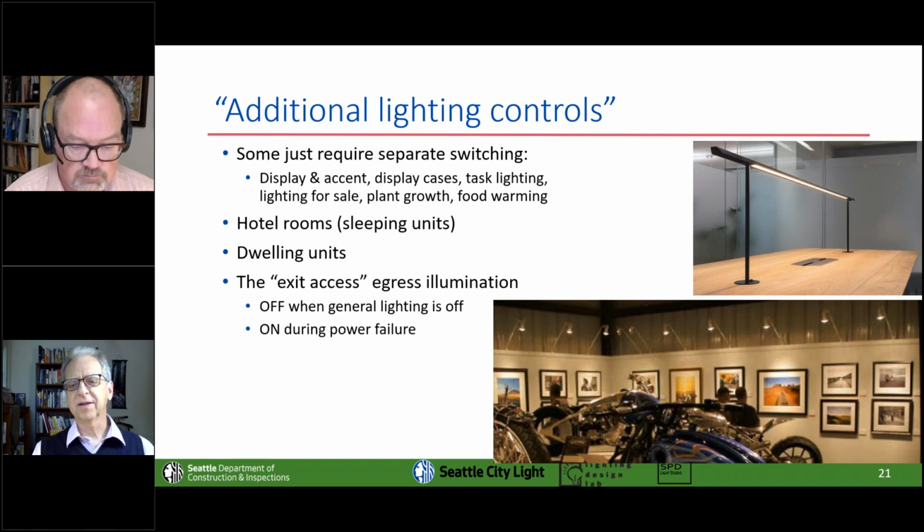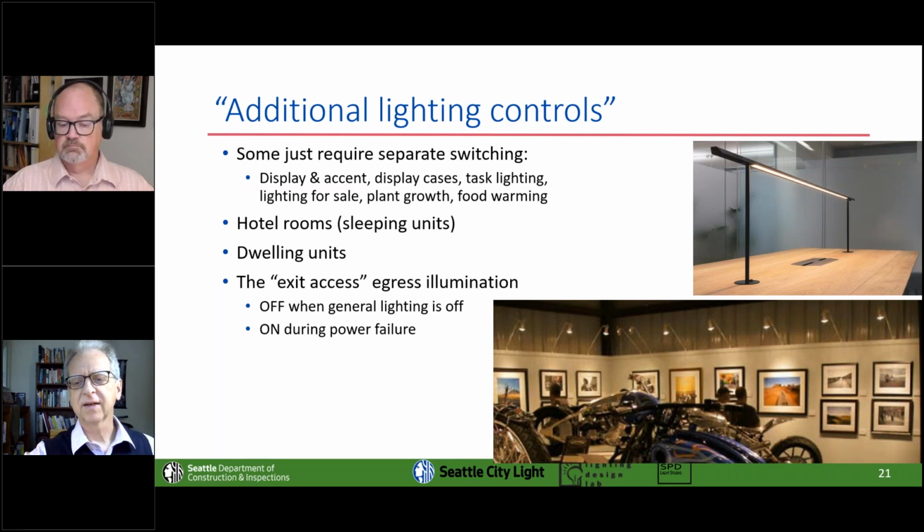And the third is the exit discharge, which is from that exterior door out to the street. So there are different requirements for each of those segments of the egress pathway. But certainly the exit access comprises like 95% of the floor area of your building.